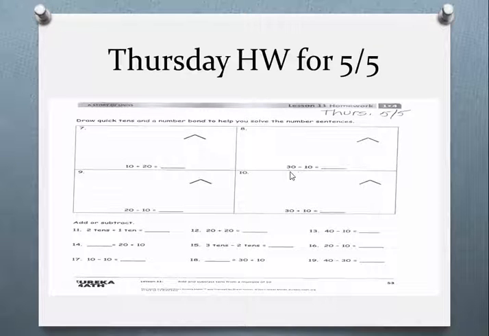Now, if you're doing a subtraction number sentence, you are going to do the same thing. So for quick tens, you will draw 30 in quick tens. So 30 bars, 1, 2, 3. So 30 in the sense it is 3 ten bars. So 3 ten bars is 30.